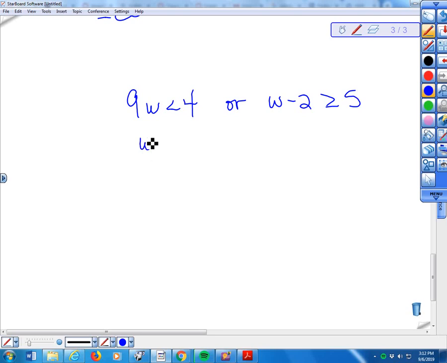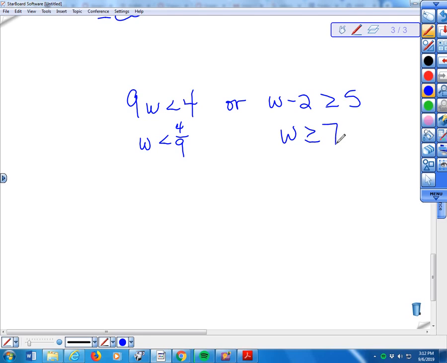W is, what do I do to solve for W? What operation is being performed on the W? Multiplication. So how do I undo multiplication? Divide by 9. Right? And then over here, what's being performed on the W? Subtract. Yeah, so I'm going to add 2.